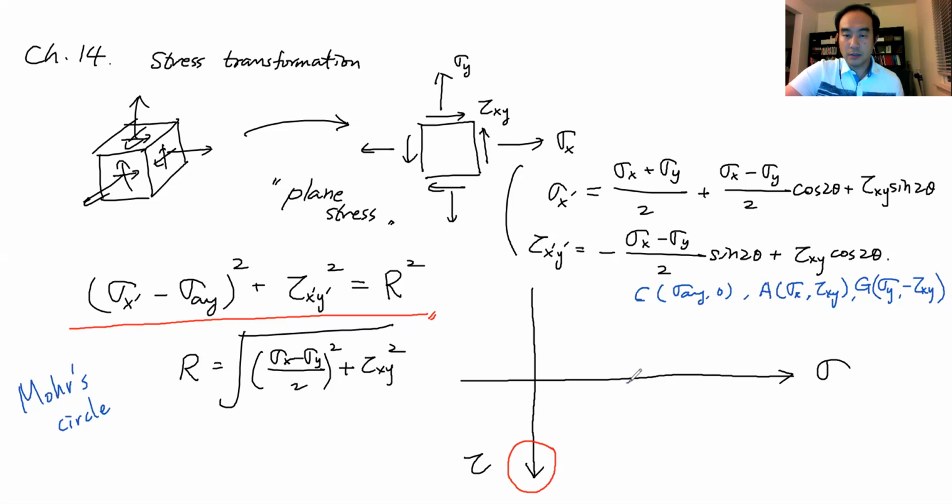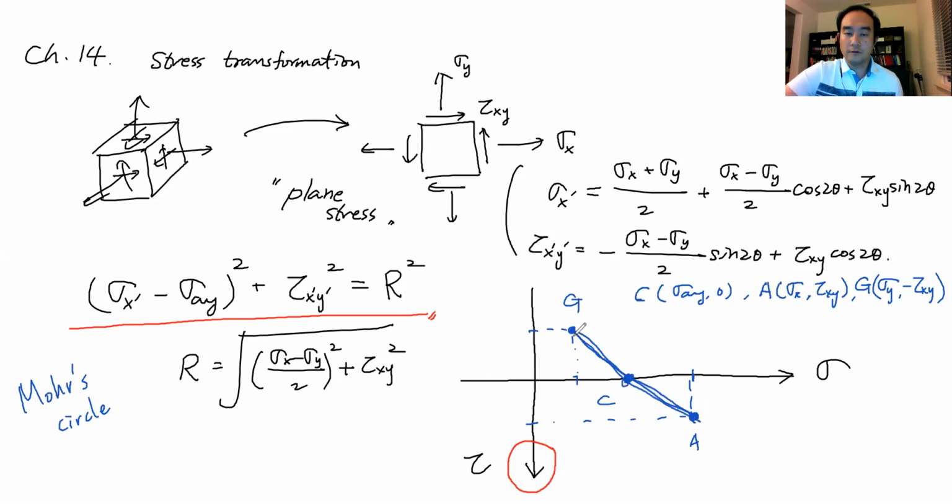First of all, sigma average, comma 0, should be on the x-axis. And sigma x, comma tau xy: let's say sigma x is positive and tau xy is also positive, then we will have a point like this. If this is sigma x, then sigma y should be here, with negative tau xy, so this point should be G. And these three points, C, A, and G, should always be on the same straight line.